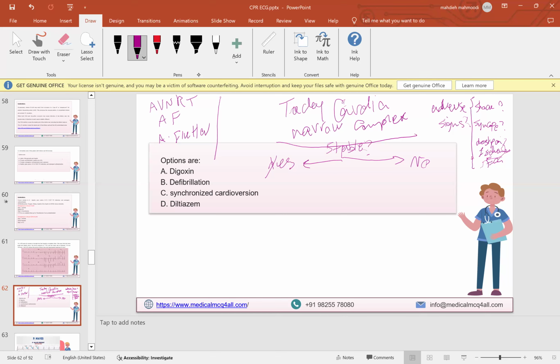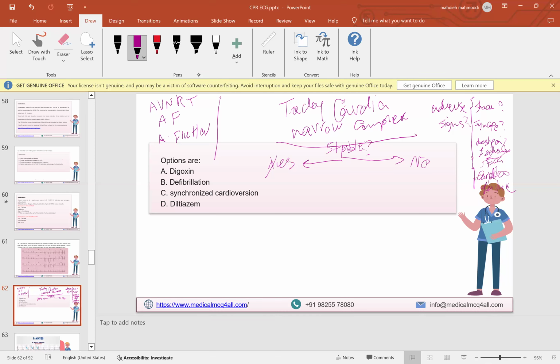Breathlessness itself is not considered; technically it is cardiac failure. Cardiac failure is considered an adverse sign.